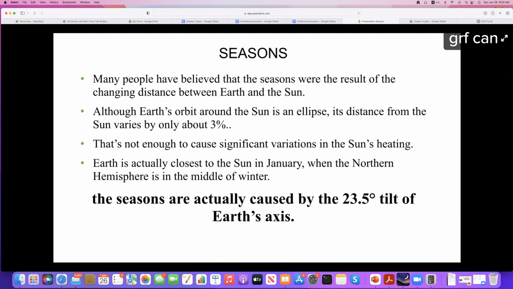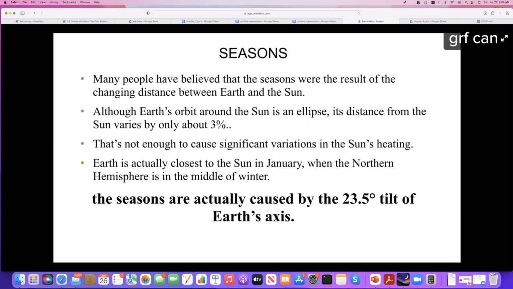So it is very close to a circular orbit, with only a very small elliptical shape, right? And because we draw it as a highly elliptical orbit on paper or something like that, people think that when the Earth is furthest away, you have one season, and when it comes closest to us, you have a different season, right? But this is actually not the case.